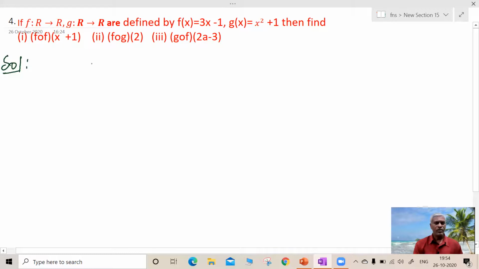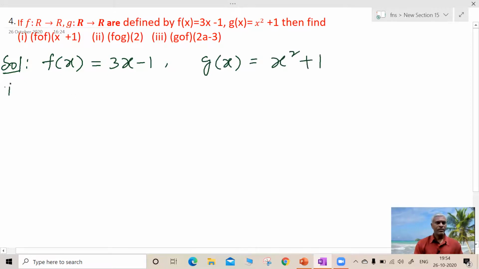Here also two functions are given. One is f of x equals 3x minus 1, both are defined on real numbers, and another function g of x equals x square plus 1.